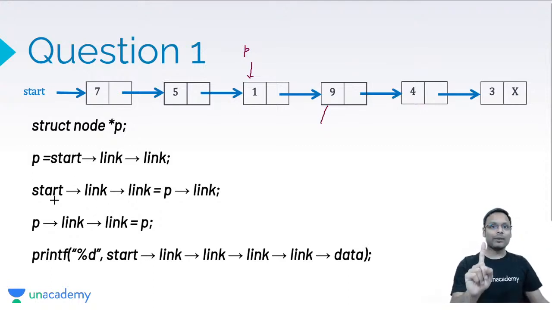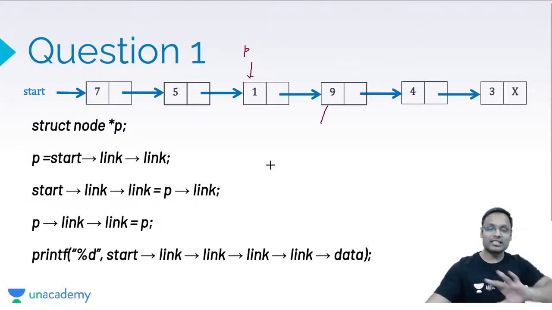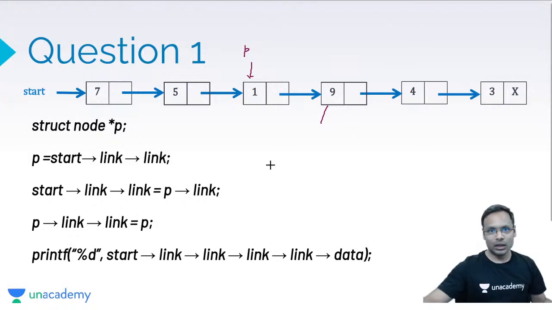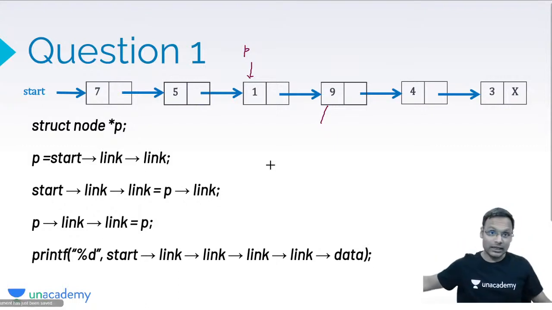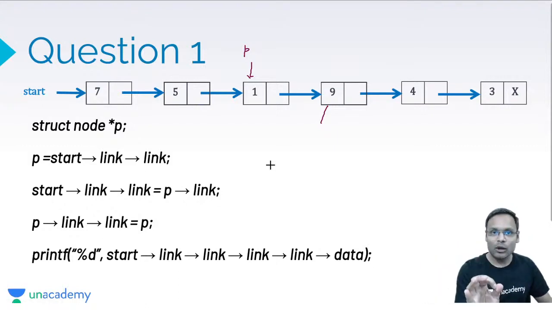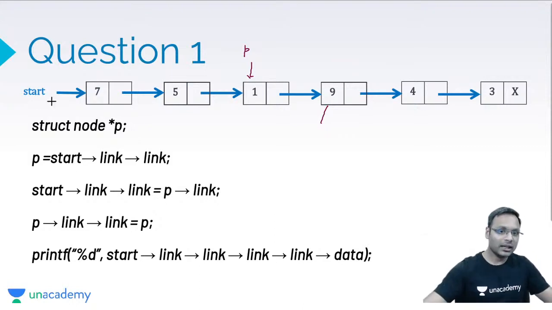If you have multiple arrows in a single statement, what do you do? Take the rightmost, last arrow, and after the arrow whatever field you have, keep outside. Remaining things you keep inside a bracket.